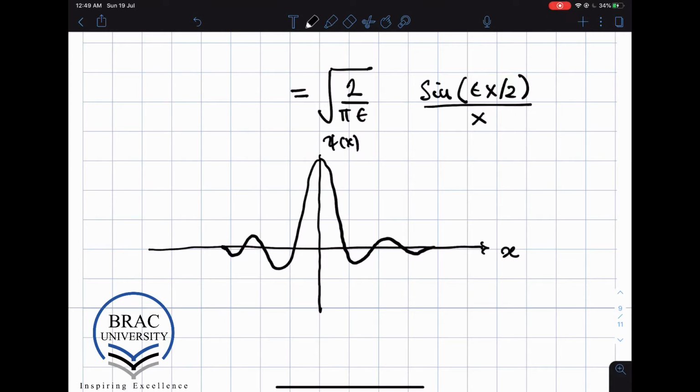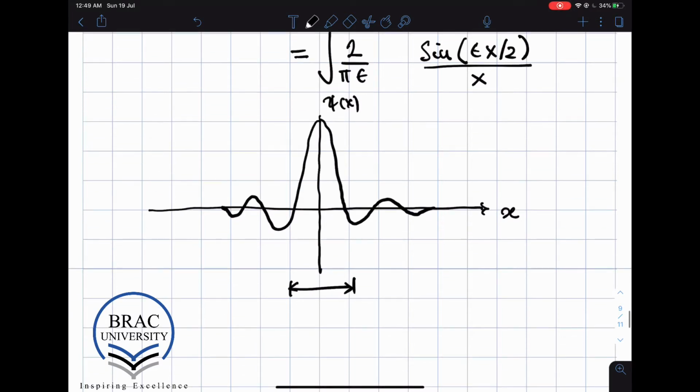But what's interesting is that the width of this middle bit, the fat bit, which we can associate as its spread, is 4 pi by epsilon, whereas the height is square root of epsilon by 2 pi. Okay.